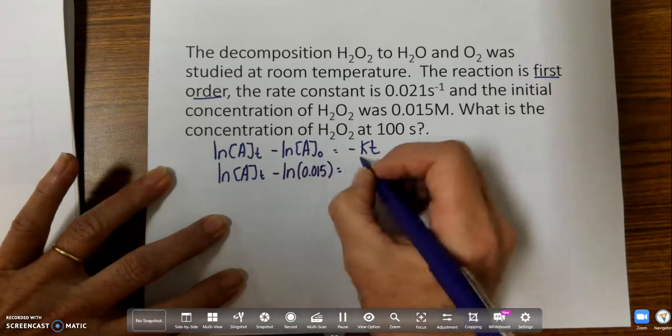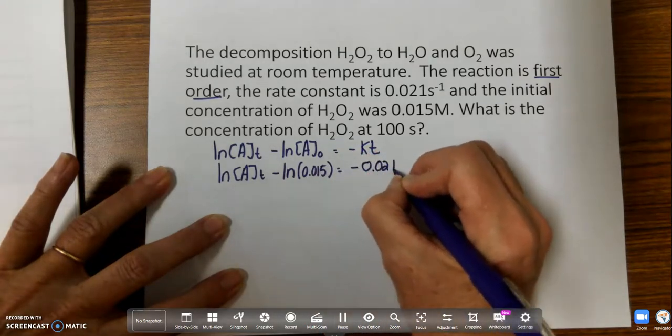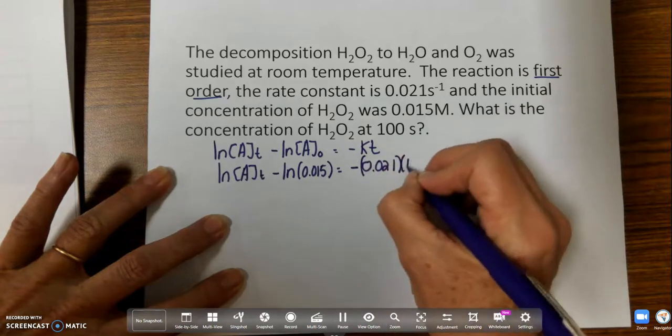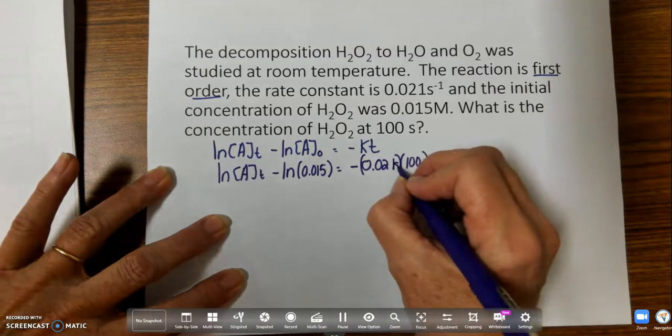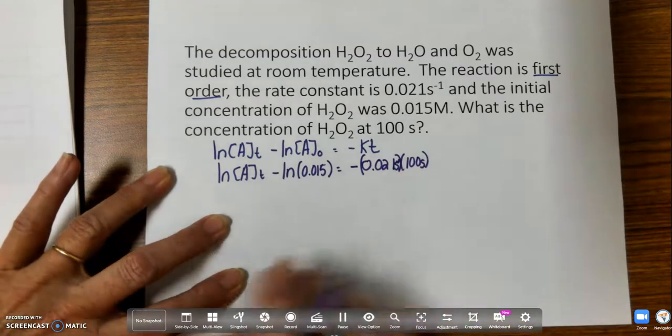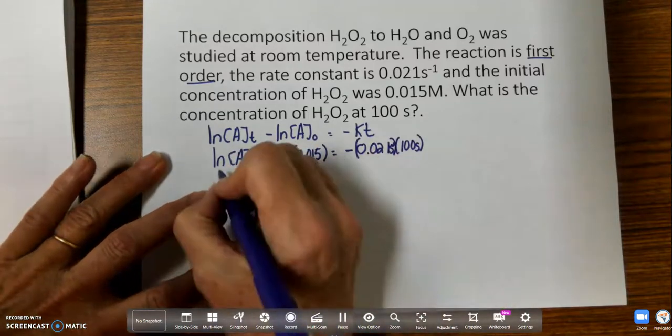0.015 is equal to a negative 0.021 times 100 seconds. So this is seconds to the minus 1. This is seconds. All right, so now I'm going to go ahead and start cleaning some of this up.